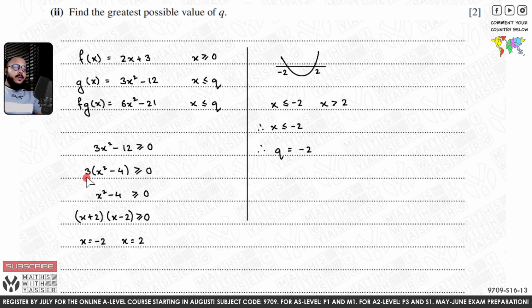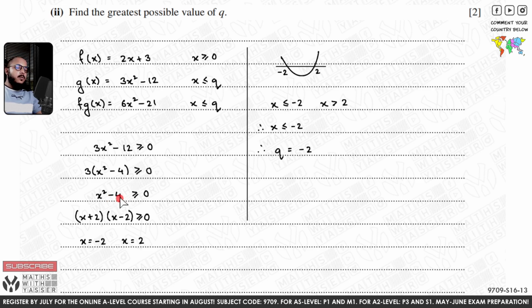Taking 3 common, we get 3 times (x squared minus 4), and if I divide both sides by 3, I get x squared minus 4 is greater than or equal to 0. Now I'm breaking it down with the help of the formula a squared minus b squared equals (a plus b)(a minus b).